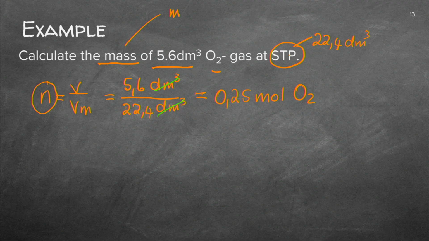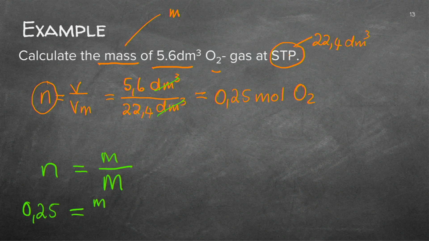But they didn't ask me the moles, they asked me the mass. So now I continue with one of my other equations. Can you recall we had that? I've got the moles now, it's 0.25. I want to get the mass, and I've got the molar mass. Now, the molar mass of one oxygen is 16, but because it's O2, you know I've got to add another 16, so it's actually 32.